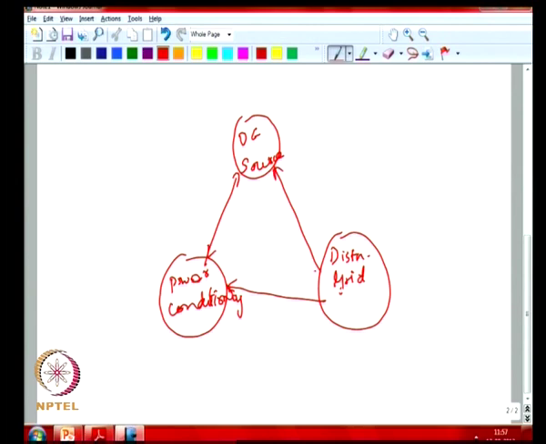The source, there are a variety as we just discussed right now and in the last class. If you look at the other aspect of the DG system, you are looking at the power conditioning, which might be a machine or an inverter, and you are looking at the distribution grid.